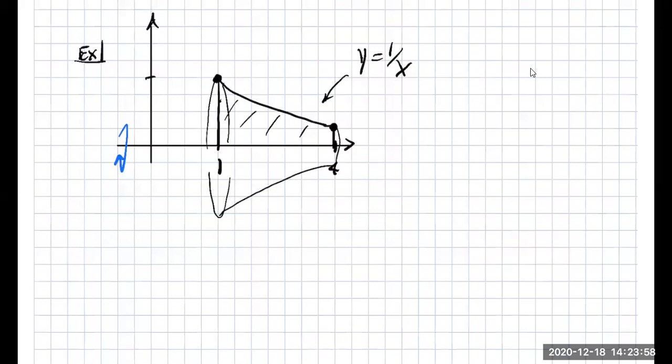I'm going to put a differential rectangle somewhere between 1 and 4, say maybe here. That rectangle that corresponds to that x is going to be labeled like this. Take that one rectangle and rotate it around the x-axis.